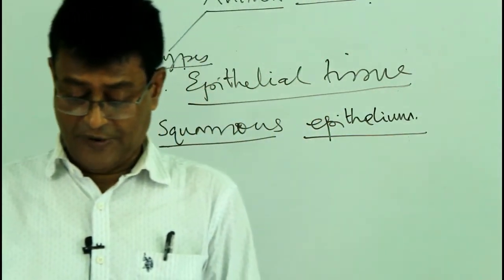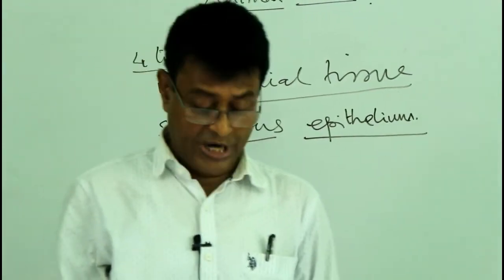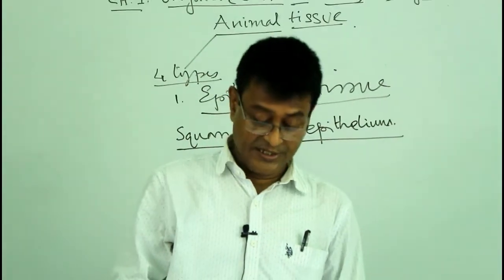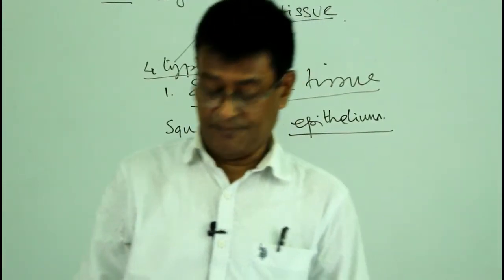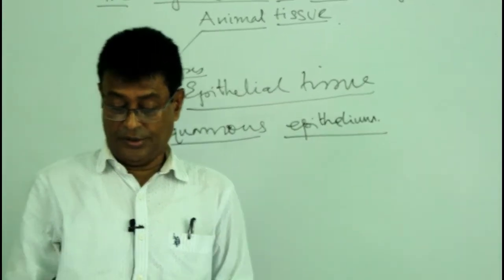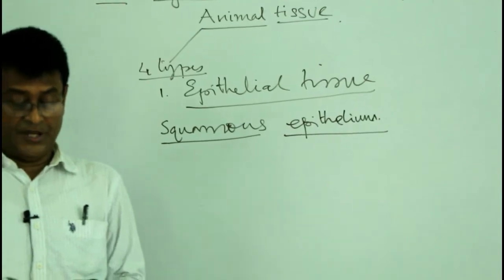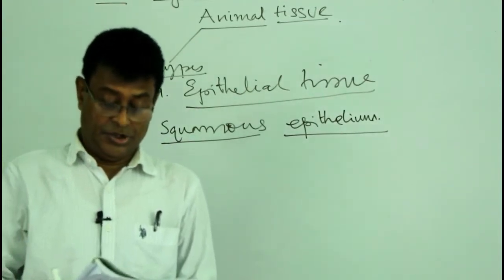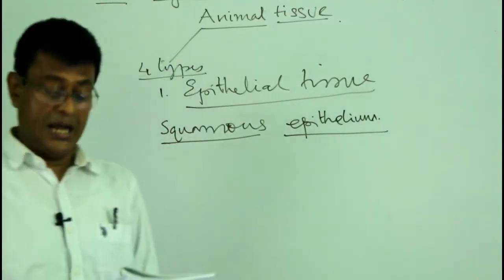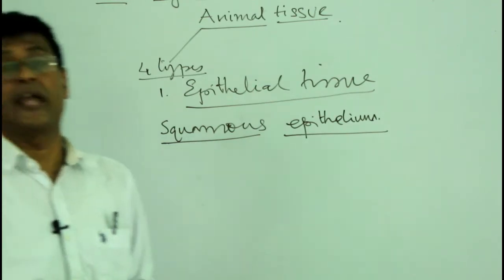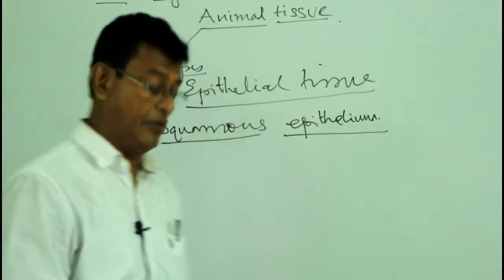They are found in the inner wall or ducts of the blood vessels and the epidermis, that is the skin, and they protect it from injury, germs, and any chemical which can harm the cells.